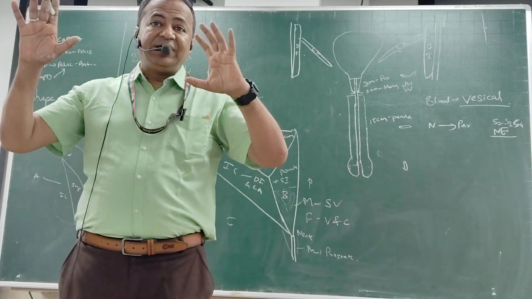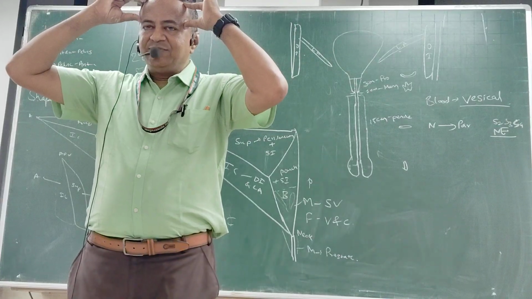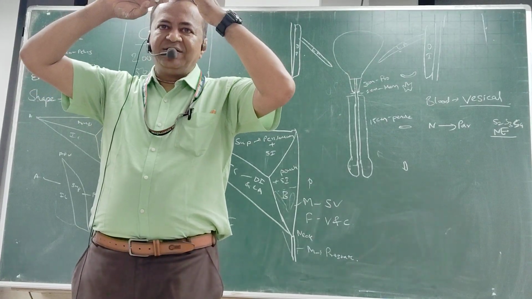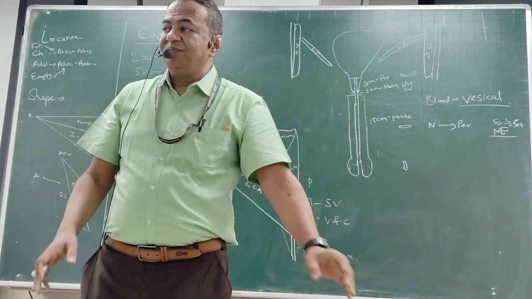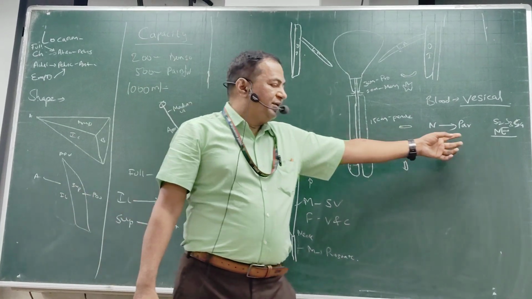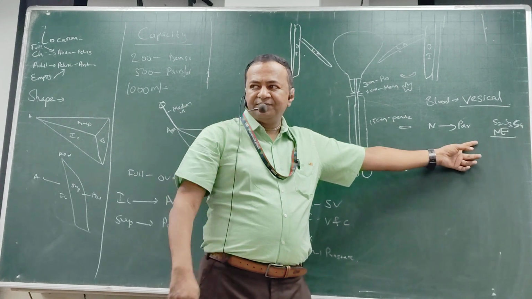The parasympathetic outflow is craniosacral. Cranial comes from cranial nerves 3, 7, 9, 10. Sacral comes from nervi erigentes. So this supplies most of the pelvic organs.